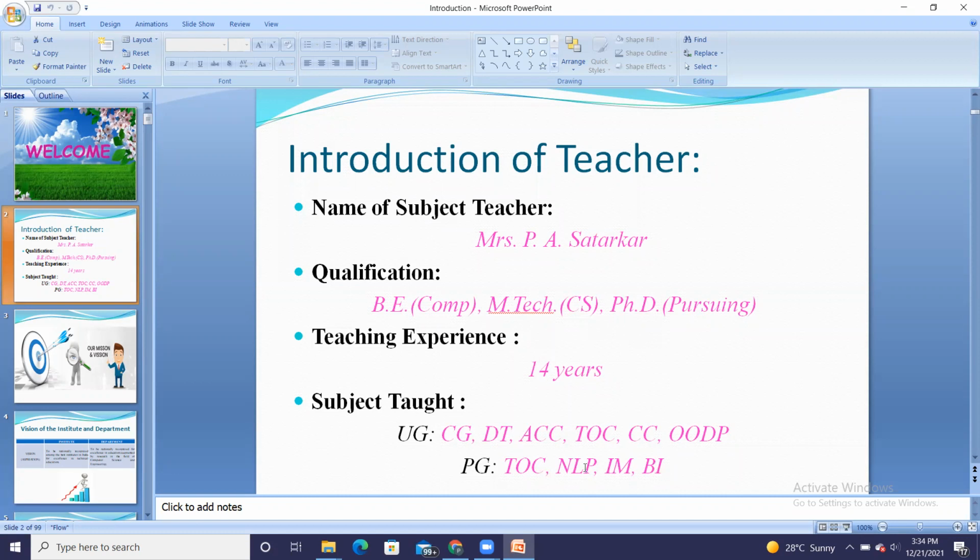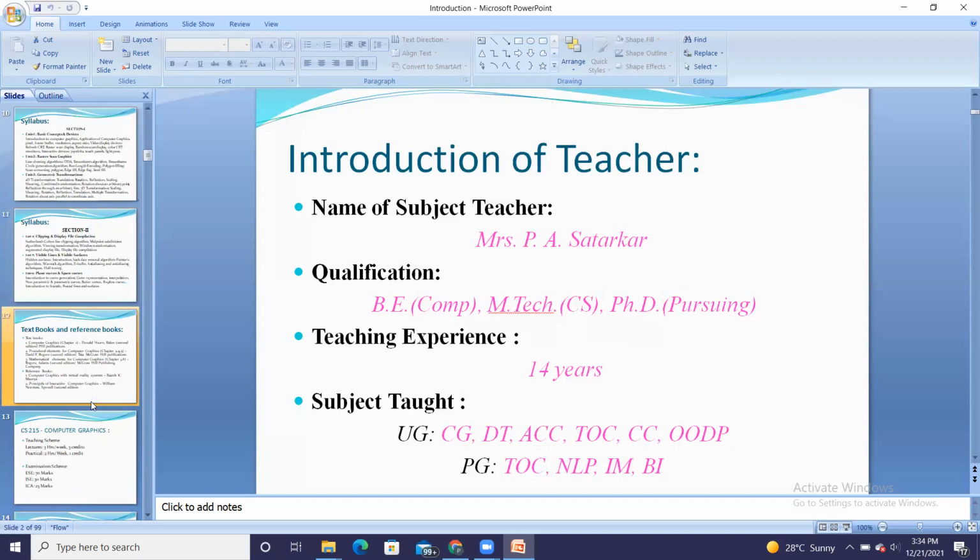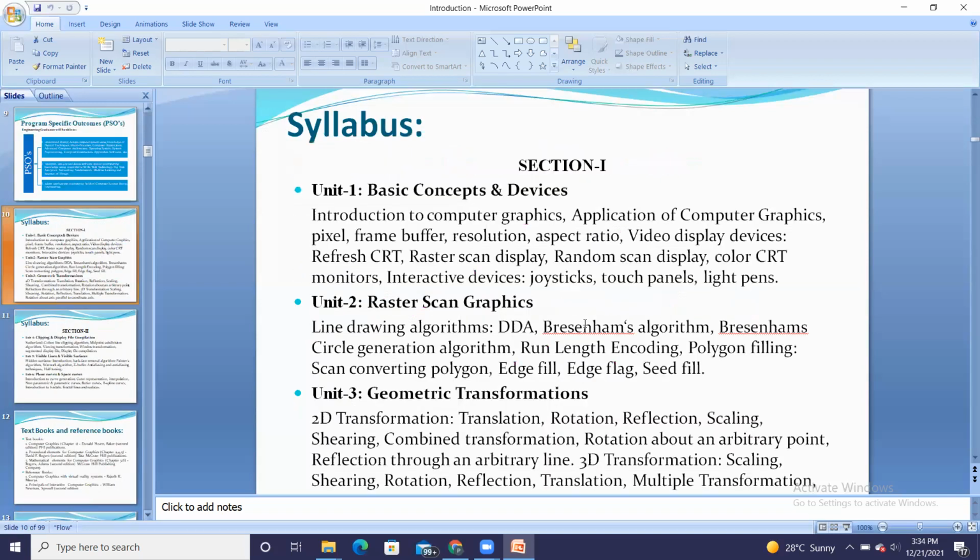So this is the brief introduction about myself. Then we will see actually the syllabus of the subject. So this computer graphics has total 6 units.